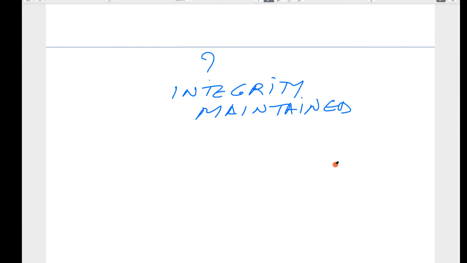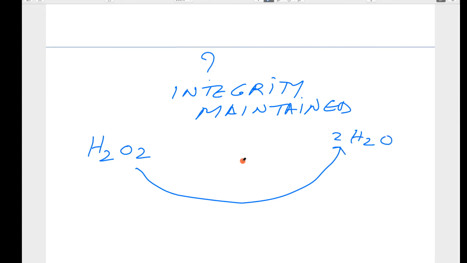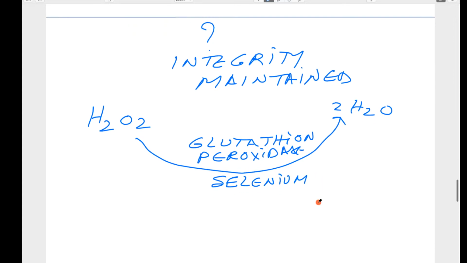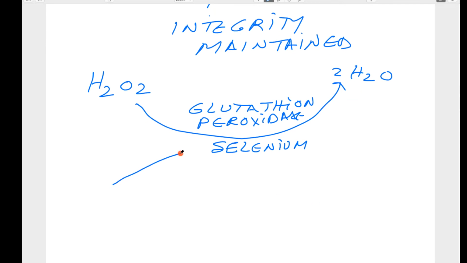Take the example of H2O2, which leads to formation of 2H2O by the action of the enzyme glutathione peroxidase. It requires a trace element, selenium. In the presence of this, reduced glutathione is converted to oxidized glutathione. What is glutathione?